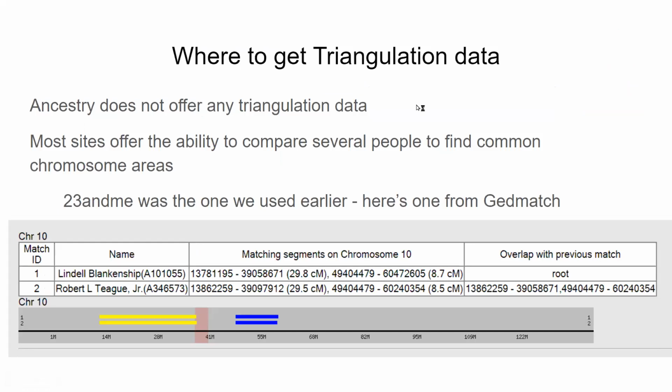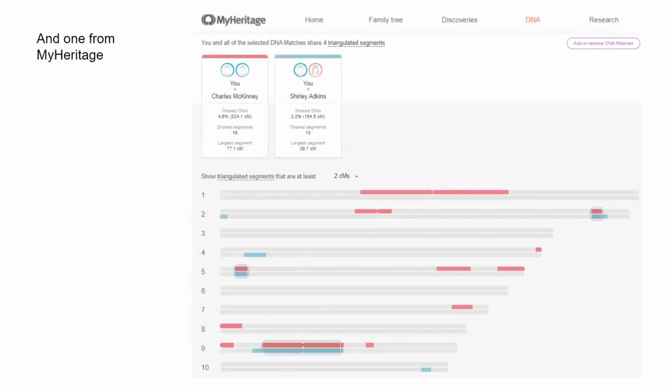So Ancestry does not offer triangulation data. You can't get it. All the other sites allow you to get some comparisons. 23andMe, this is the segments on chromosome 10 from a couple of other people who are also part of that same family. That's what it looks like if you go on to 23andMe and ask for the chromosome match.